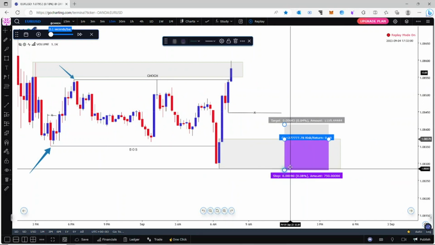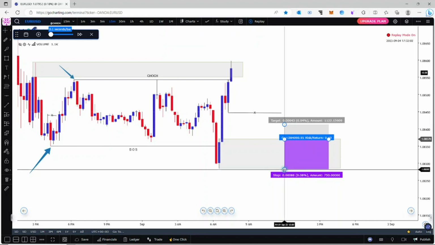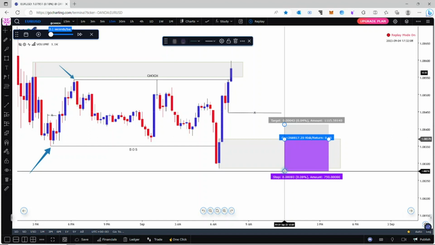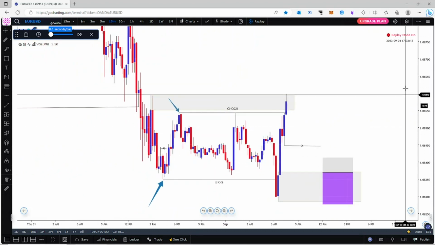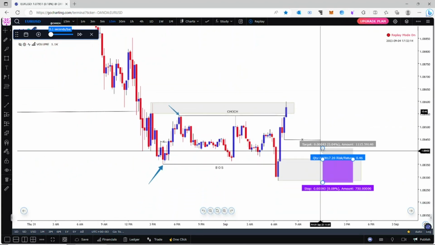Yes, it was 9 pips, and then the target was right at the top here.